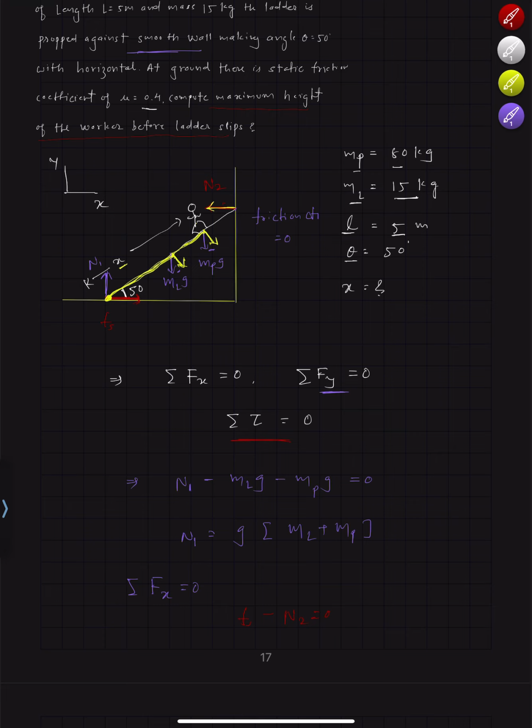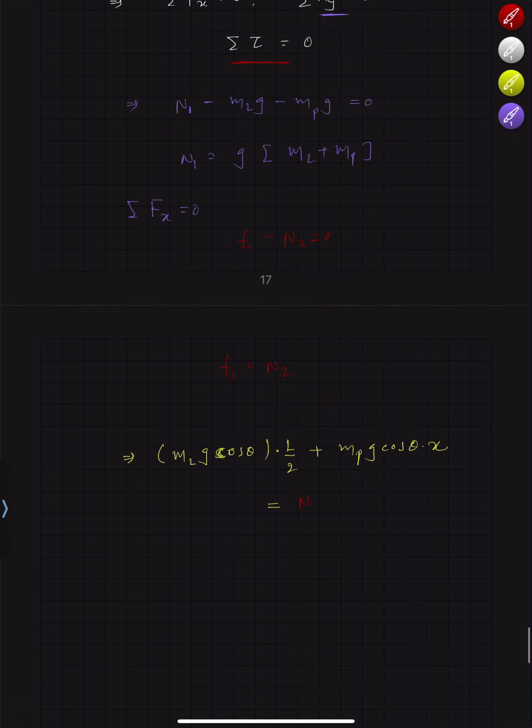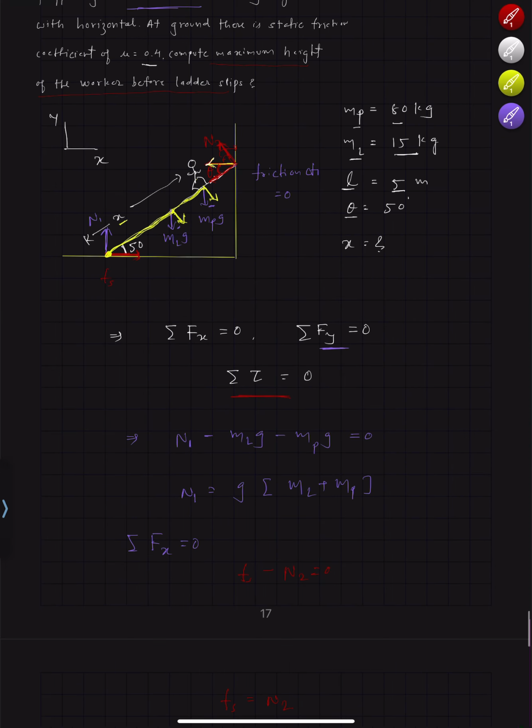So what is the torque generated by N2? N2 has two components, one along the ladder direction and one perpendicular to it. Now this is your theta, so this component is N2 sin theta, and it acts at the end of the ladder, so the total length from this to this is L.